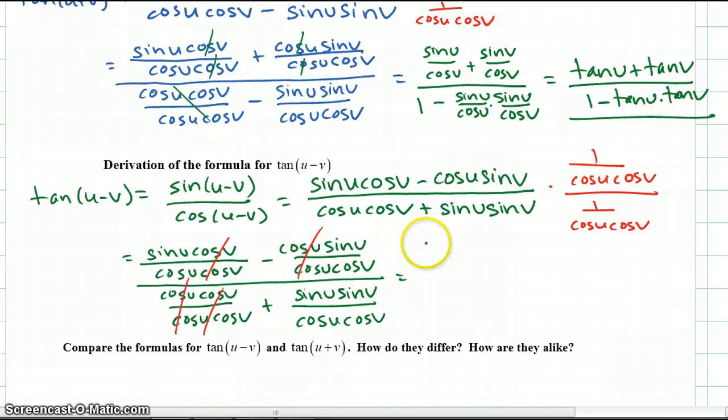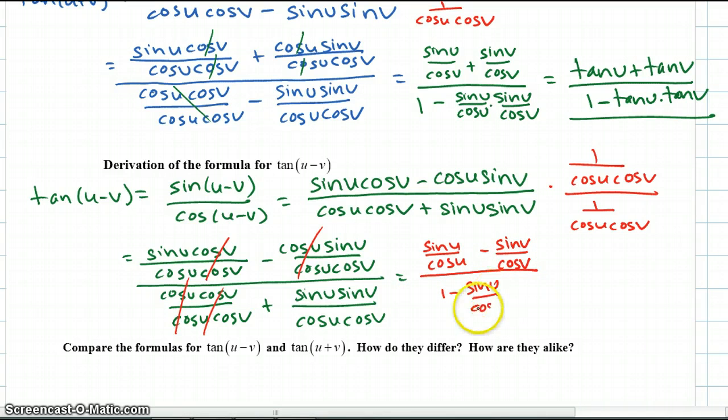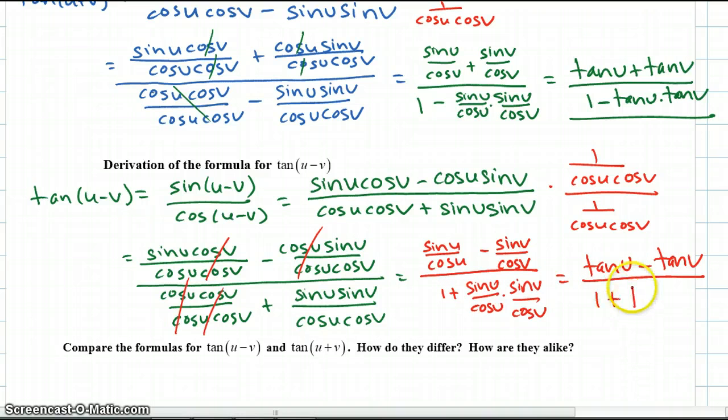So that's equal to sine of u over cosine of u minus sine of v over cosine of v, all divided by 1 minus sine u over cos u times sine v over cos v, which is equal to tan u minus tan of v divided by 1, whoops, that was a plus, plus tan u tan v.